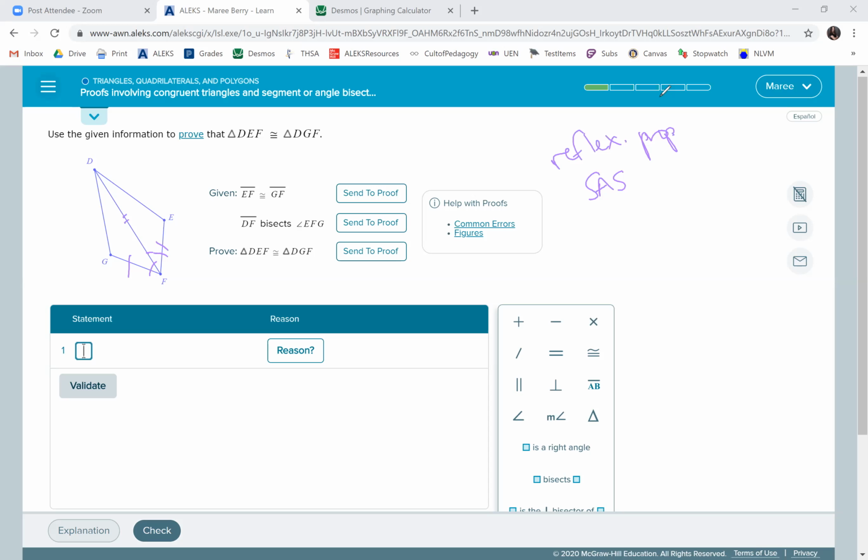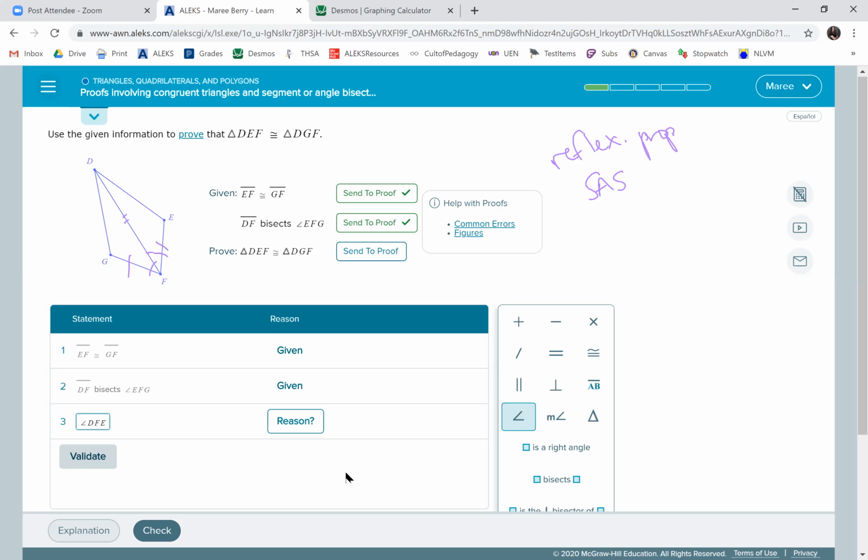Okay, so first we're going to send this to proof. Because it's bisecting, we're going to show that these two angles, angle DFE is congruent to angle, now what order did I do?